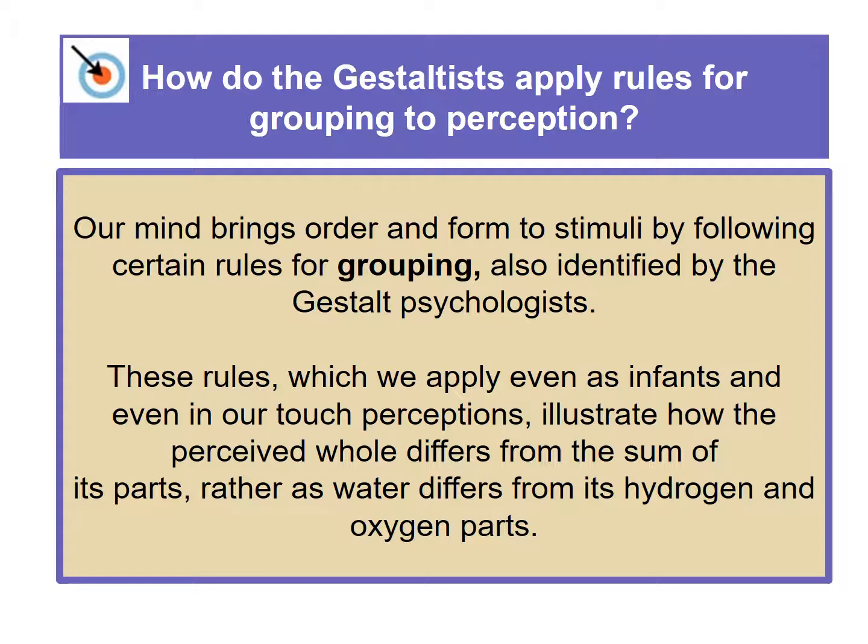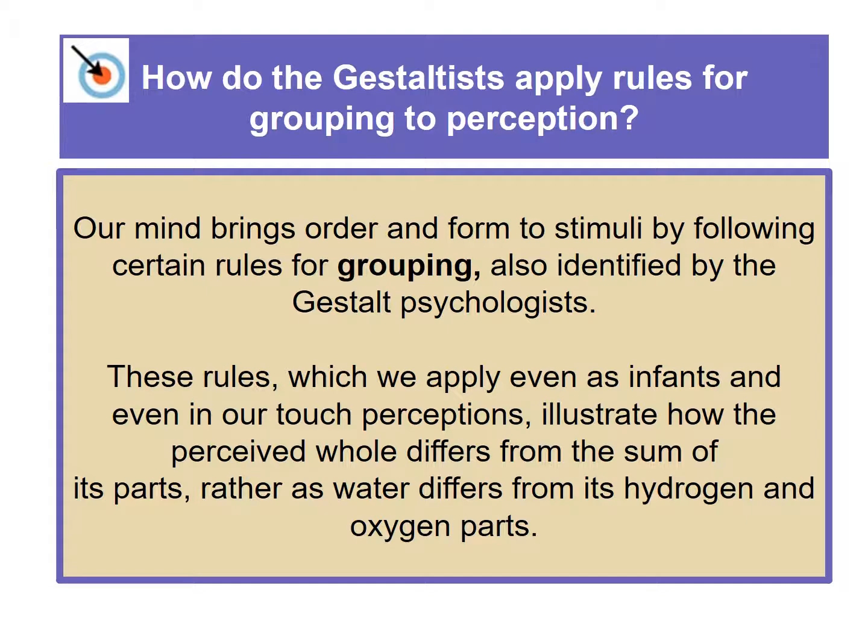So Gestaltists apply rules for grouping to perception. These are rules that we apply even as infants and even in our touch perceptions. They illustrate how the perceived whole differs from the sum of its parts.